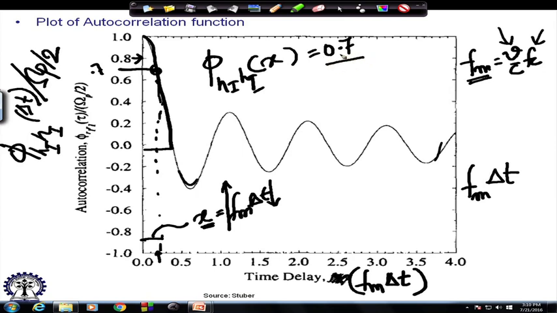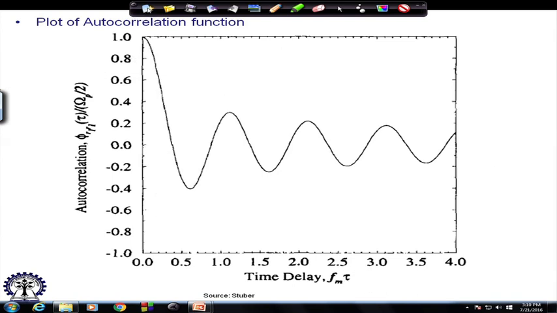So as the Doppler frequency increases, that means as the velocity increases, the time at which there is 70% correlation would be smaller and smaller. What does it mean? This effectively means that as we increase our velocity, the time over which the channel is correlated to itself is becoming less. If we read this curve in another way, take any point here, let us say this point is 0.9, and start going down this line.